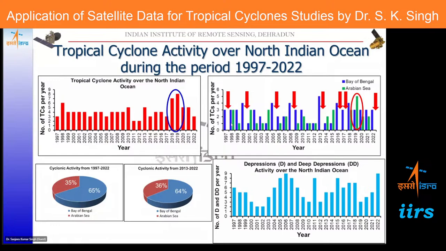In some years, no tropical cyclone has formed over the Arabian Sea. In the particular year 2019, we can see more tropical cyclones formed as compared to the Bay of Bengal.